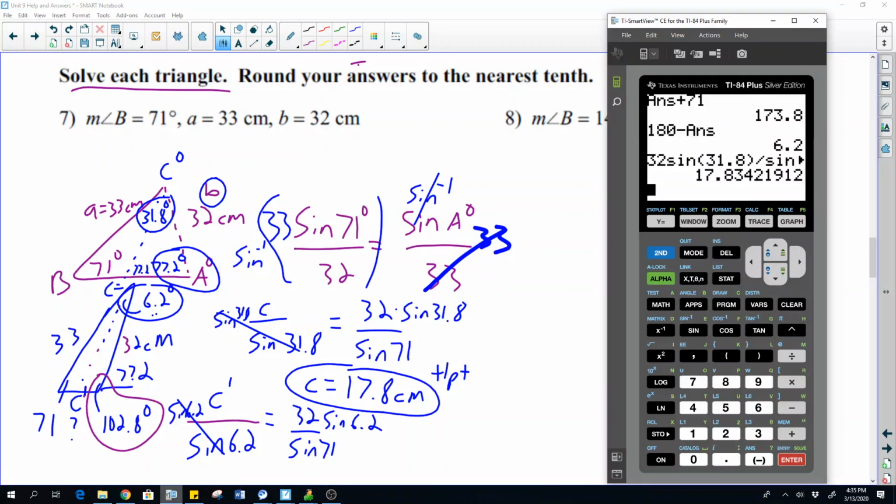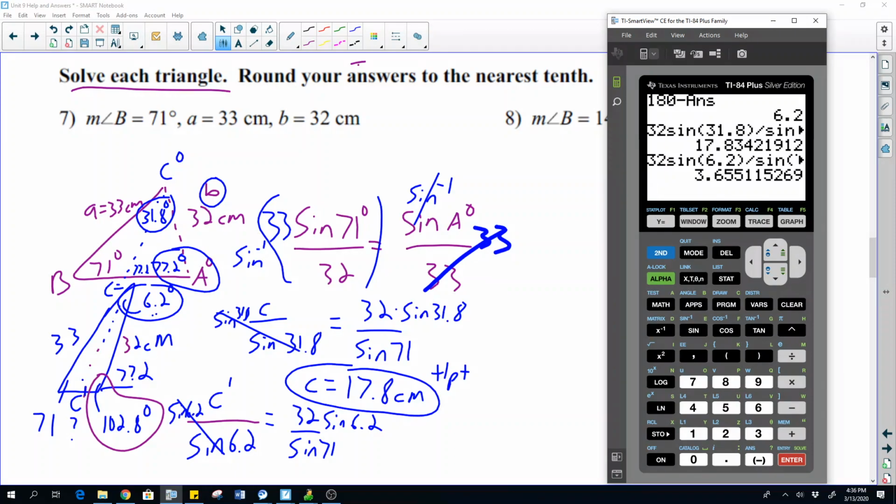Nice. So then some of the other ones will be easy. It's just one triangle that you solve. You're hoping. So then we got sine of 6.2. So 32 sine 6.2, close parenthesis, divided by sine 71. There we go. So that gives us c prime. Really small. That's good. So 3.6, 3.65.